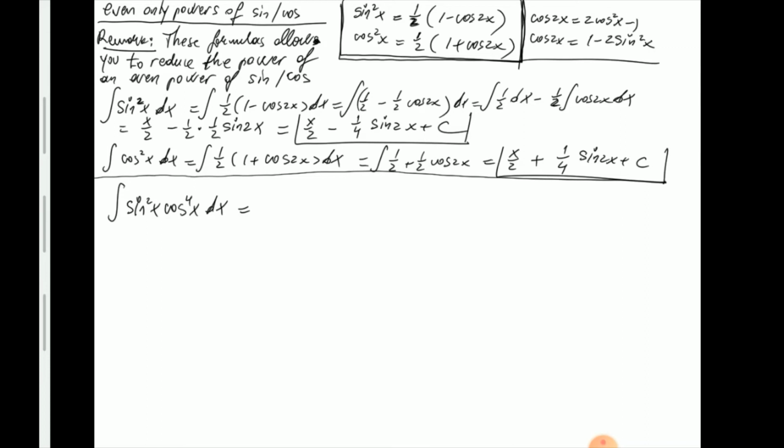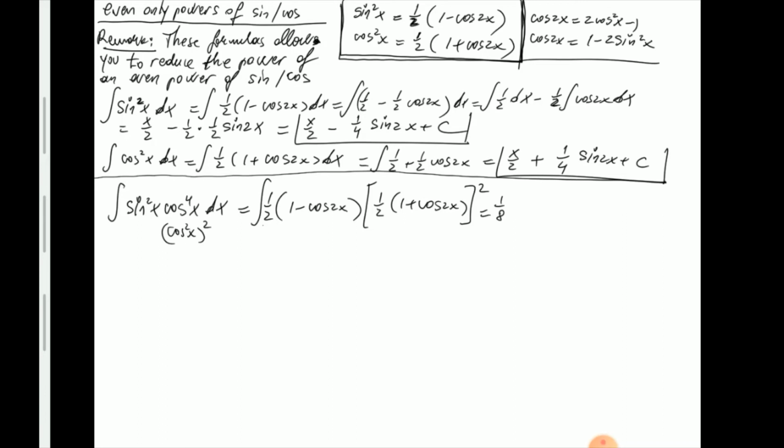So sine squared is replaced by, let's say, 1/2 times 1 minus cosine of 2x. Here I have cosine fourth, so I can write it as cosine squared. So the cosine squared itself again is 1/2 times 1 plus cosine of 2x, again to the power 2. You're going to have 1/2 three times that you can pull out, so 1/2 to the power 2 is 1/4, and another 1/2 makes it 1/8.